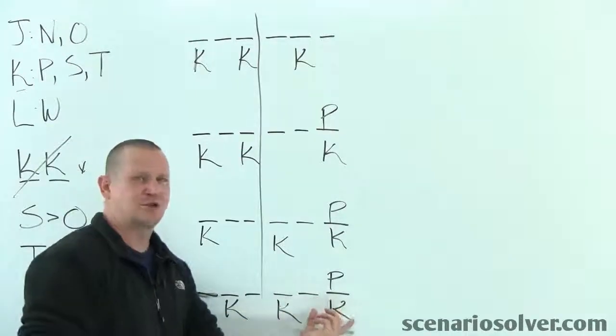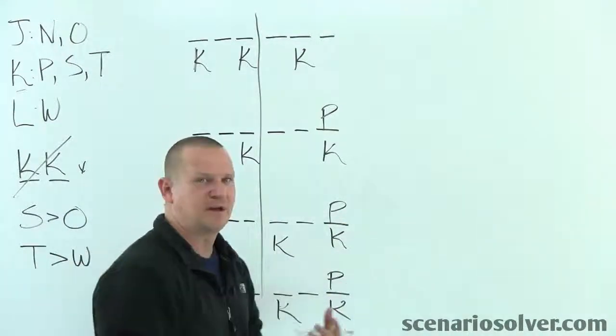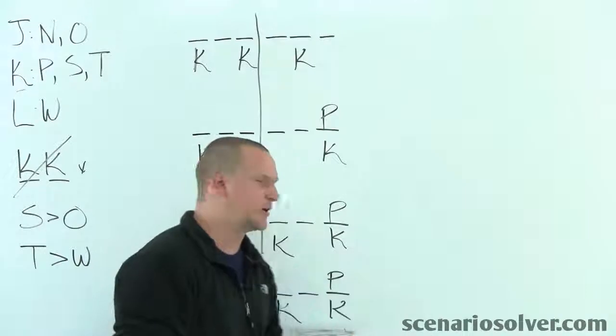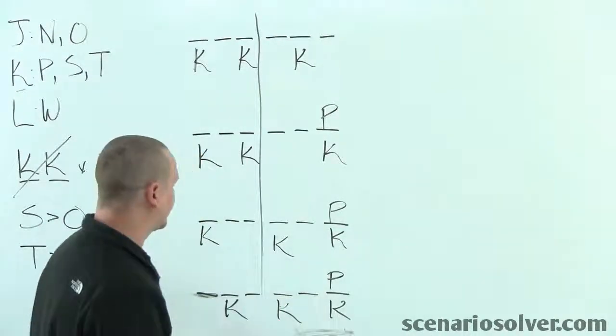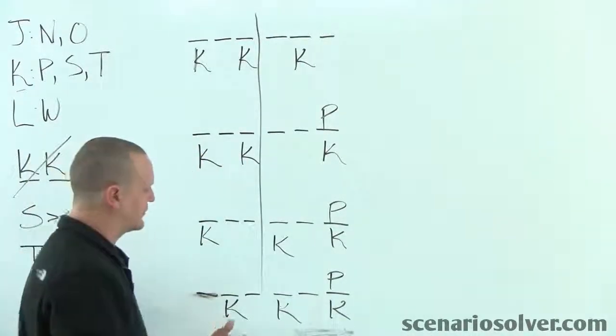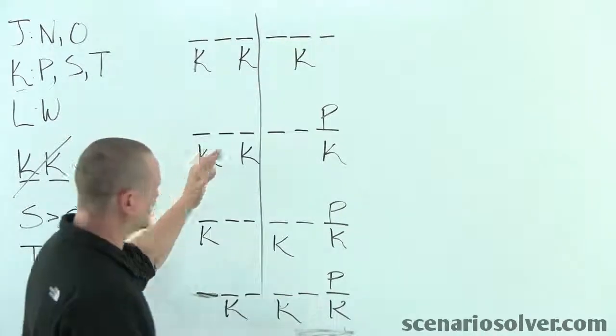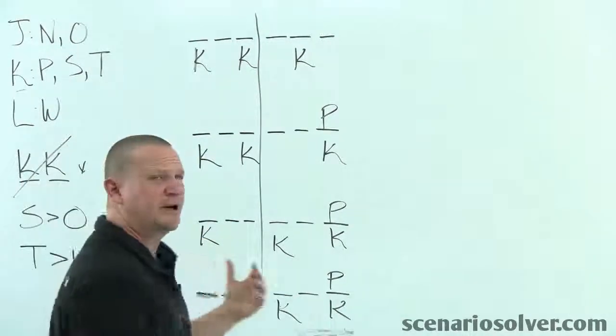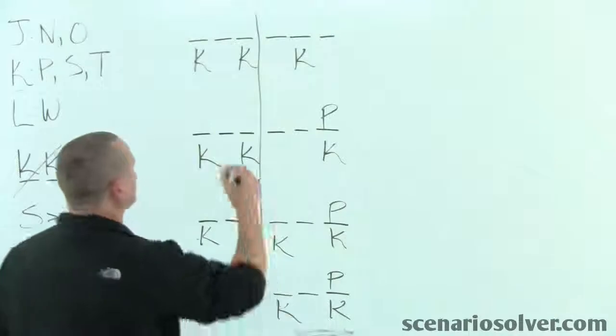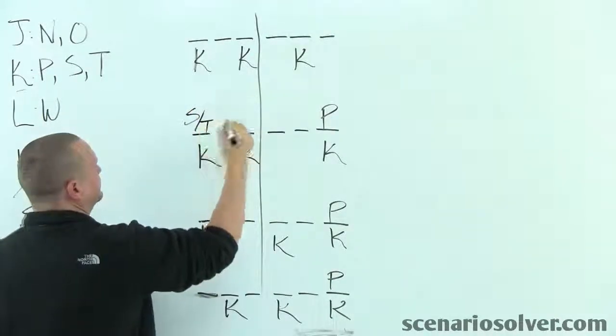If I were to put S or T there, then we couldn't have the O or W that inherently must go right after both of those. Okay, so let's just concentrate on this. We don't really know what S and T can do after that, so we can just put an option.